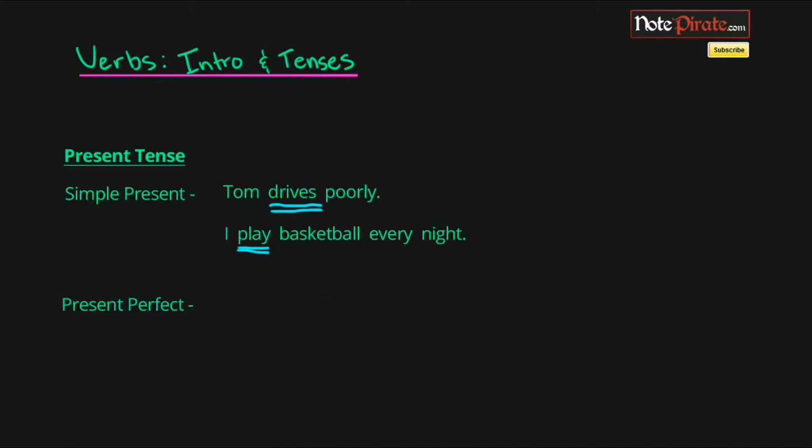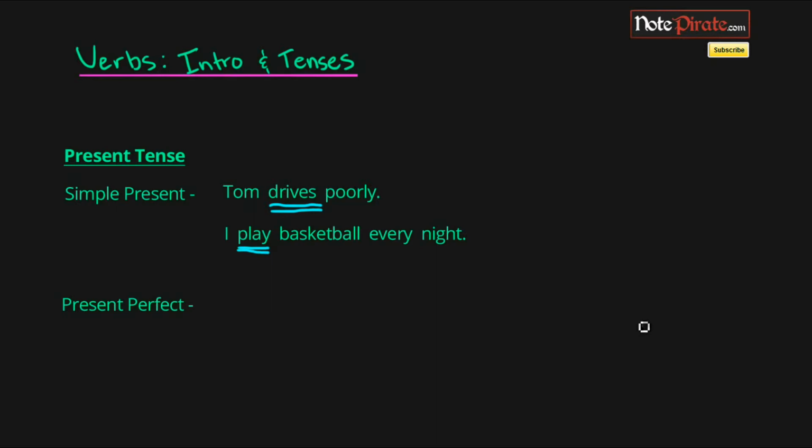Now we also have present perfect. This tense indicates that something happened at some recent time in the past, or that something begun in the past continues to affect the present time. So it's present perfect. Now to form the present perfect, we take the helping verb, which is the present tense of, for example, have, and we add the past participle.